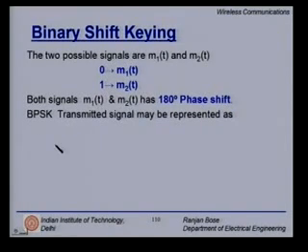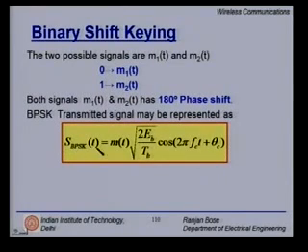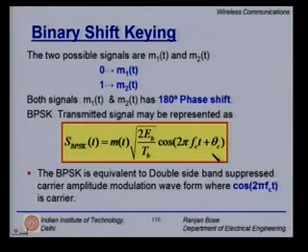So the BPSK transmitted signal may be represented as m(t) times root of 2 Eb over Tb, cosine 2 pi fc t plus theta c. In effect, the BPSK is equivalent to a double sideband suppressed carrier amplitude modulated waveform, where cos 2 pi fc t is the carrier. Fairly simple, robust, but you have only one bit per symbol.